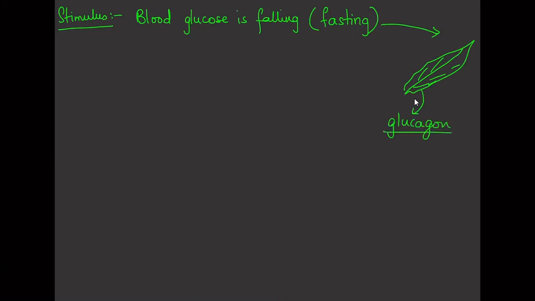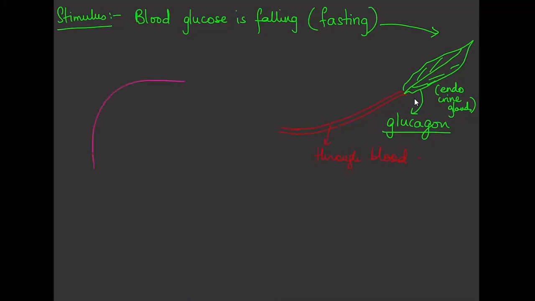As per the definition of a hormone, since hormones are chemical substances which are made by endocrine glands, this is your endocrine gland, carried to the target organs through blood. This is what you were taught in O level, right? So now where is this going through the blood? Let me make blood for you. Okay, it is going through the blood. This is a blood vessel. Through blood, to the liver.